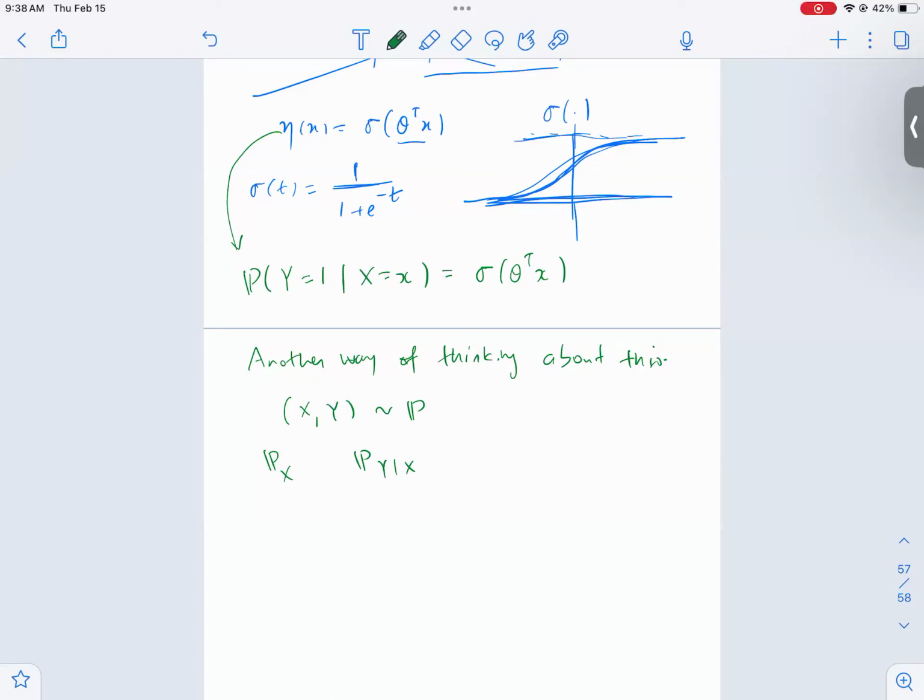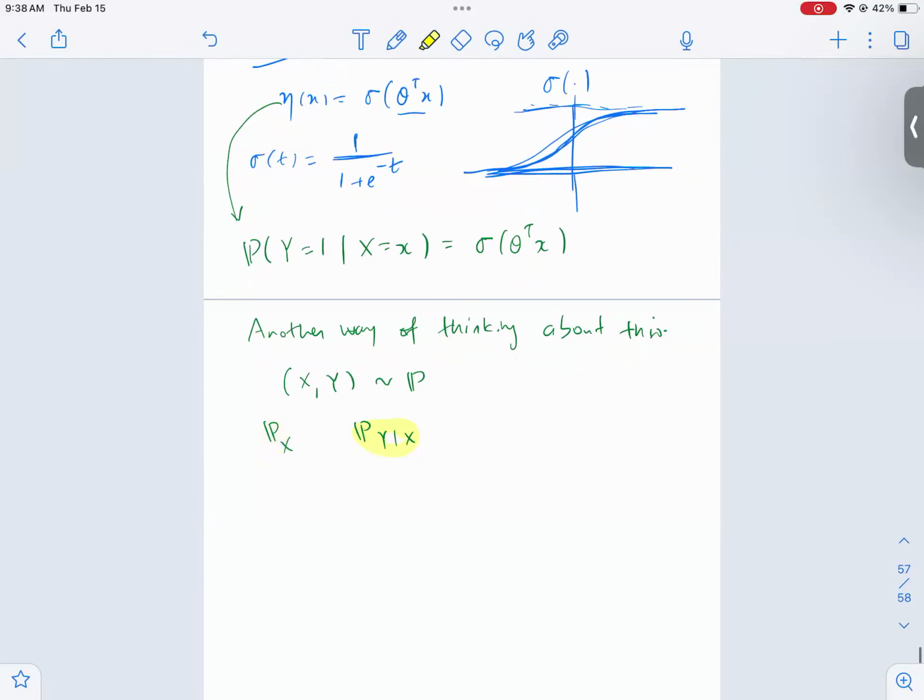So in logistic regression, and also in the parametric models that we'll look at, we're going to assume a model for this quantity. You can also assume a model for the marginal, and we'll do that when we want to generate the data. But for building the model, writing down the empirical risk minimization problem, you only need to specify the conditional. In the case of classification, it's enough to just specify the probability of y equal to 1 given x equal to x.